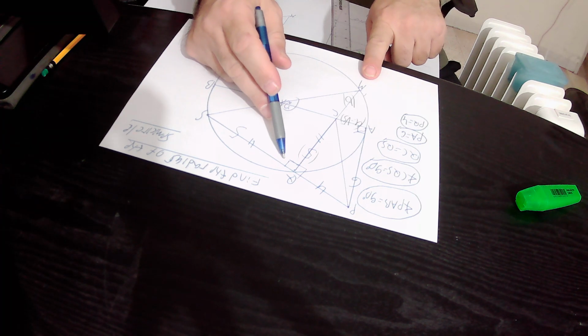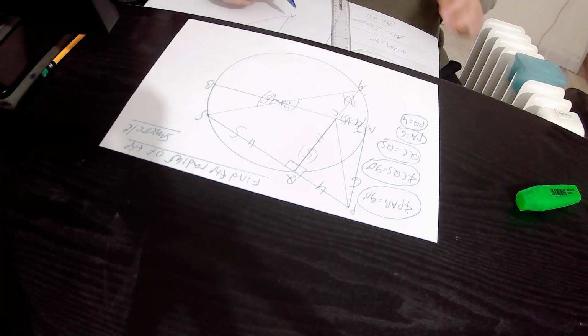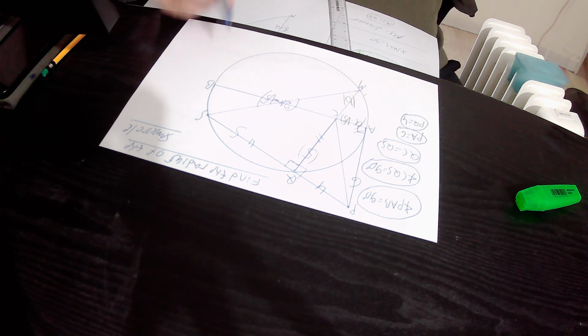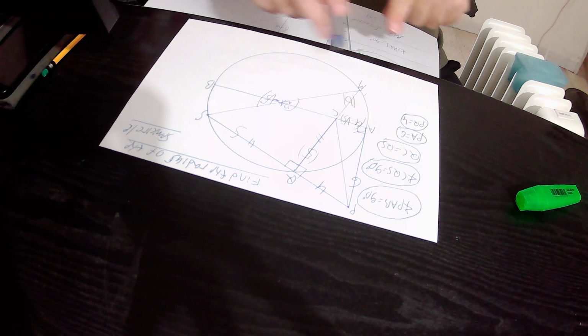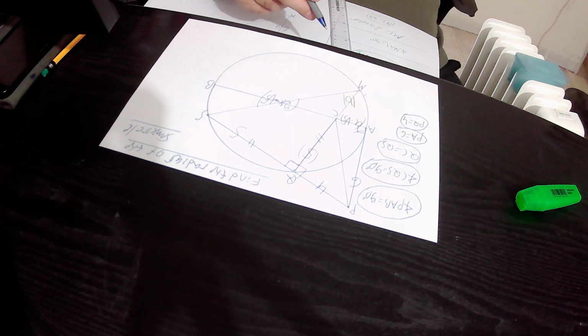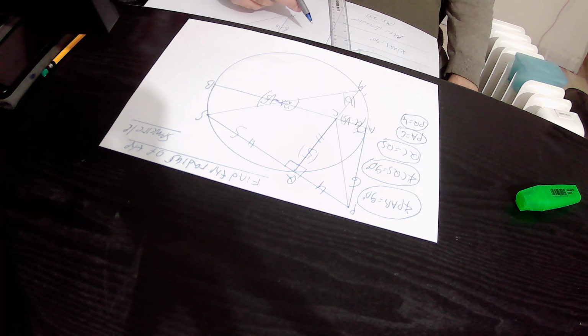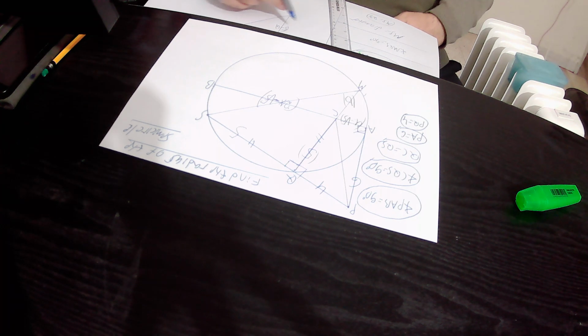QM equals in total 5 plus b. QS equals 5 units. And the hypotenuse MS is the diameter of the circle, that is to say it equals 2x.